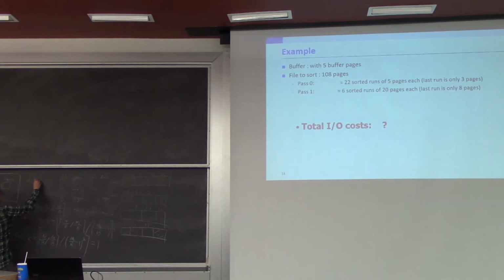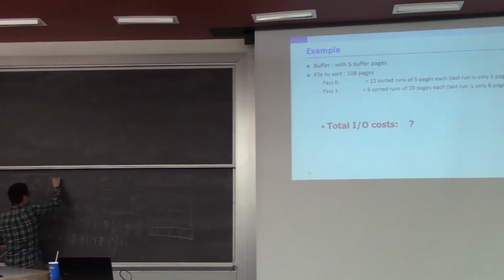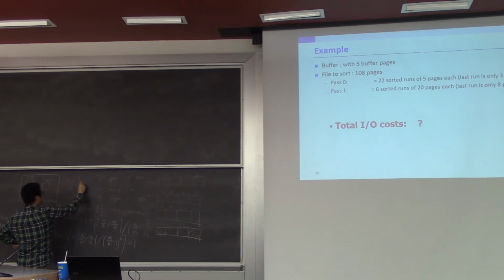Oh my gosh, arithmetic is so difficult. This is the ceiling of 5.5. So that will give you 6.